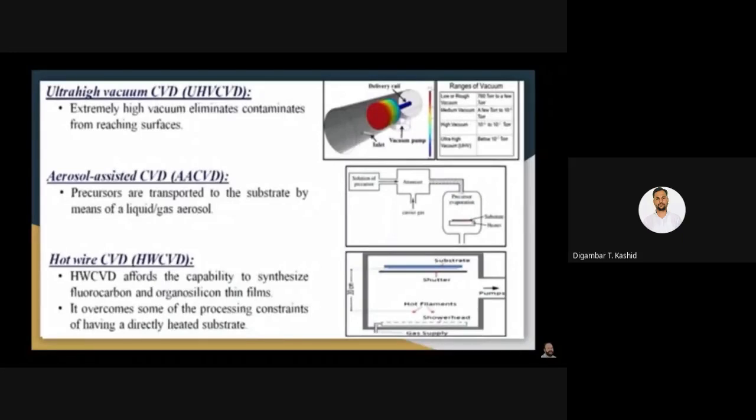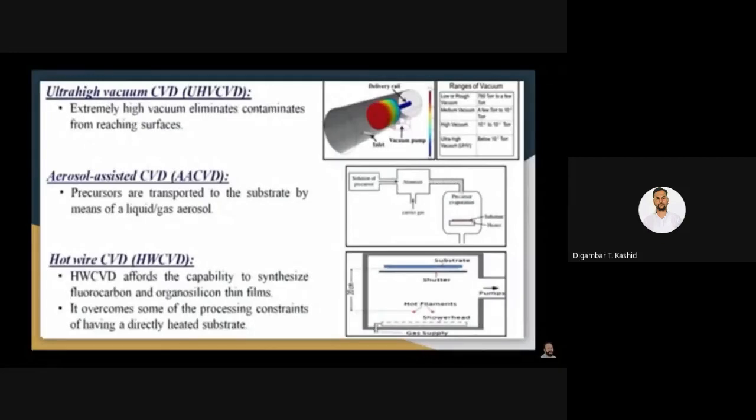From the figure here, we can understand that we use a solution of precursors, then some kind of atomizer, then the carrier gas. The atomizer gives high pressure to the liquid so that it makes small bubbles.